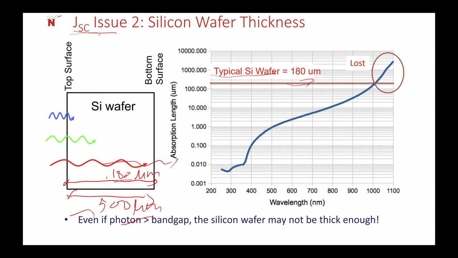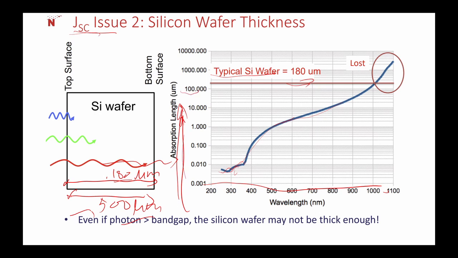So this is the absorption coefficient, or we can say the absorption of light, how much light is getting absorbed in a wafer. This is the wavelength of the light, and this is the thickness, or absorption length, or the thickness of the wafer.